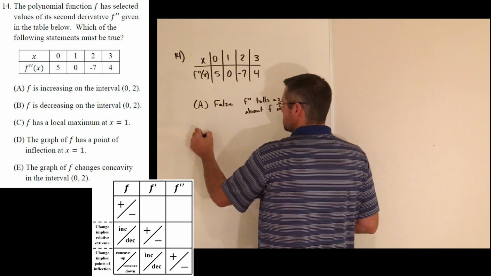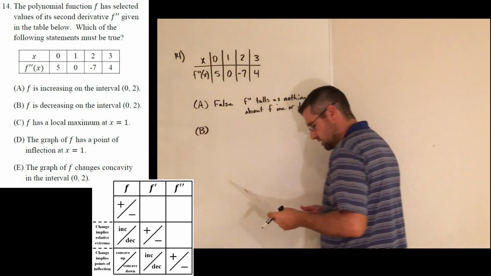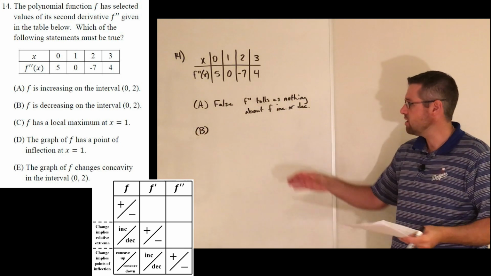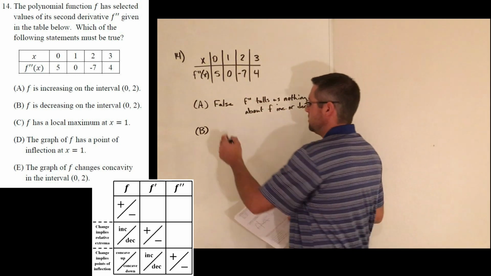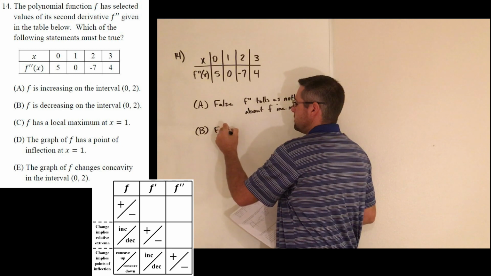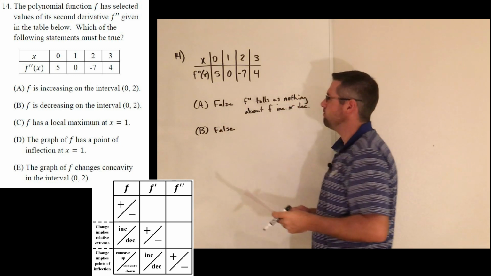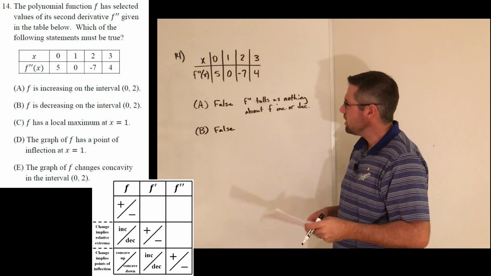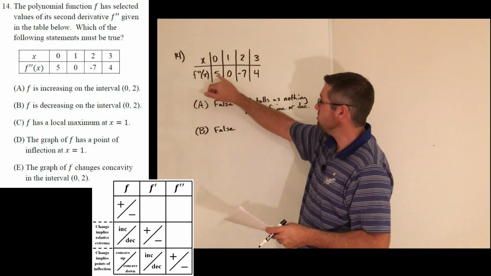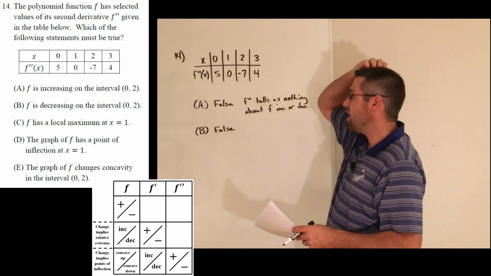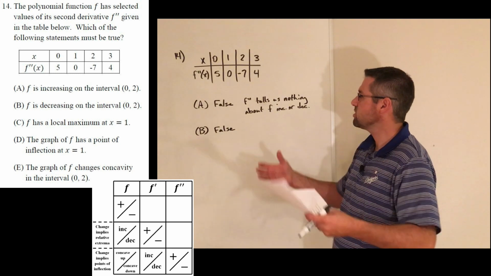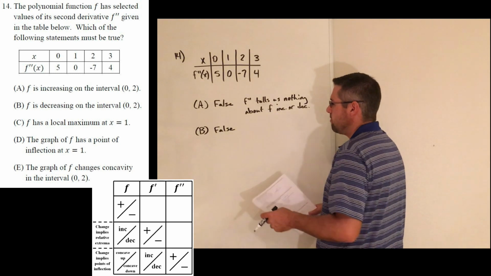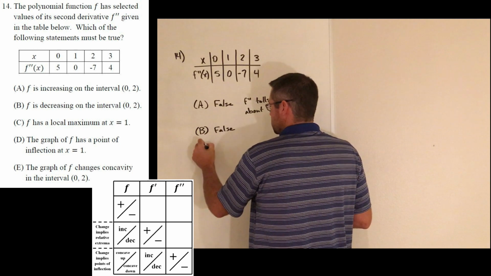So A is false. For option B, it says f is decreasing. For the same reason, there's nothing about f double prime that tells us whether a function is increasing or decreasing. We could say that since f double prime is positive at 0, f prime would be increasing over some interval with 0 in it, but that's a false statement as it stands.